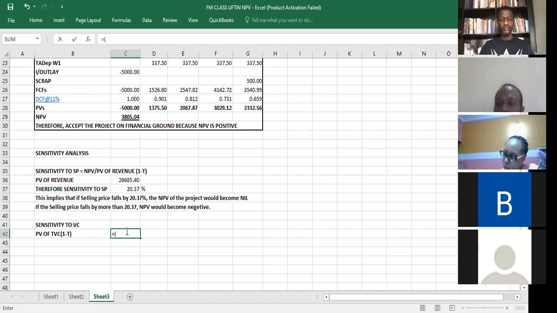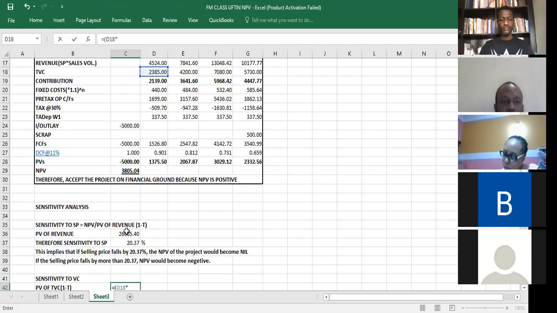So we are doing this one, right? Multiplied by its factor, plus the next year multiplied by its factor, plus the next, and so that's our figure.